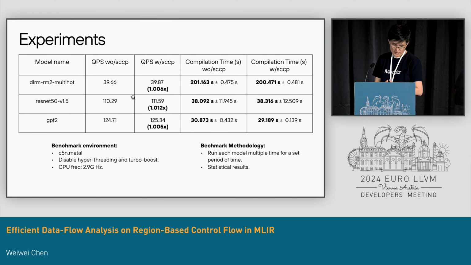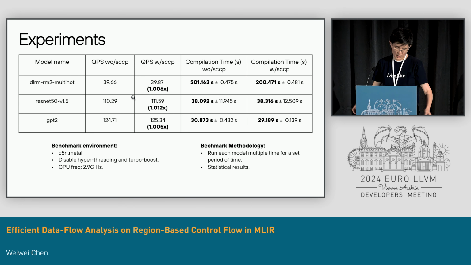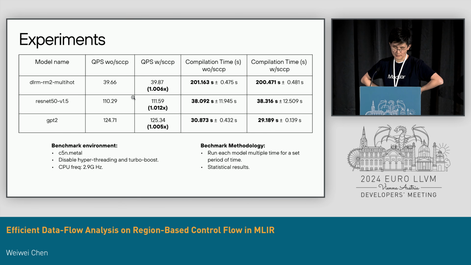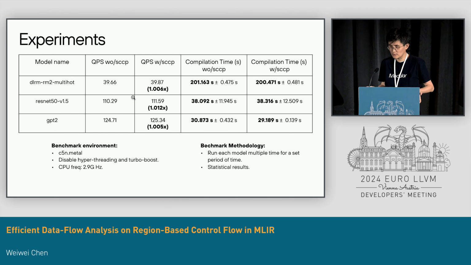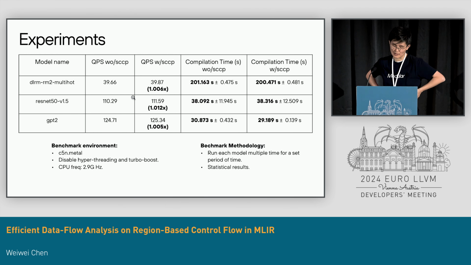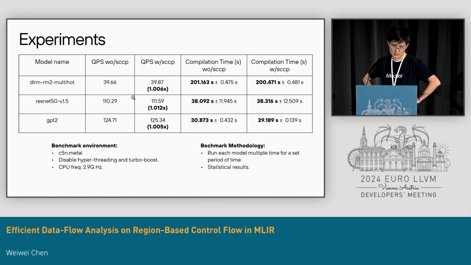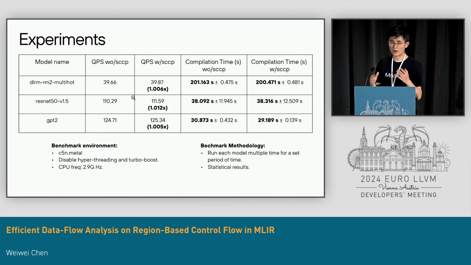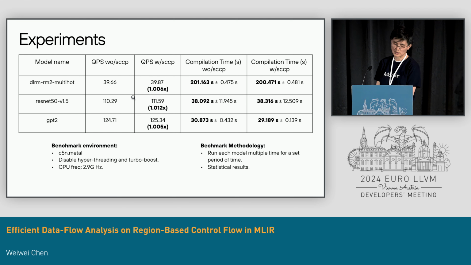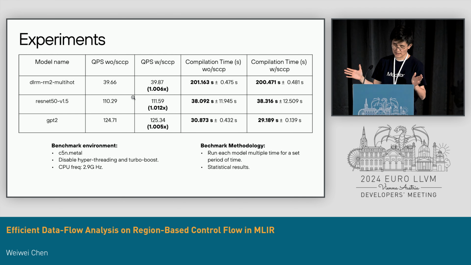Some experimental results, because these are the things that we care about. On 3 big models, we can get about 0.6 to 1.2x speedup by having SCCP. It's not huge, but it's pretty stable because this is running in a pretty quiet environment and has been running multiple iterations for a specific set of time.